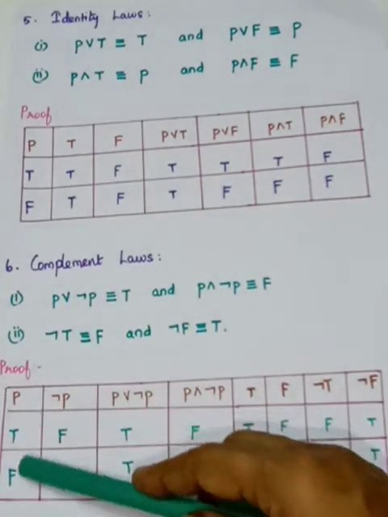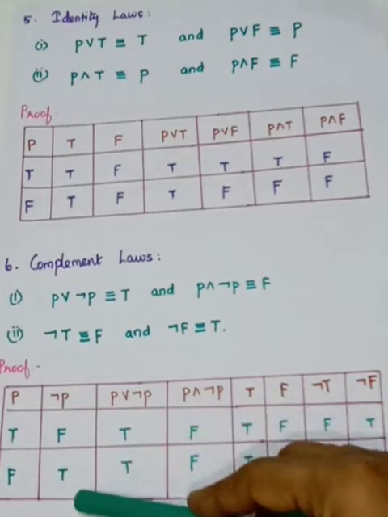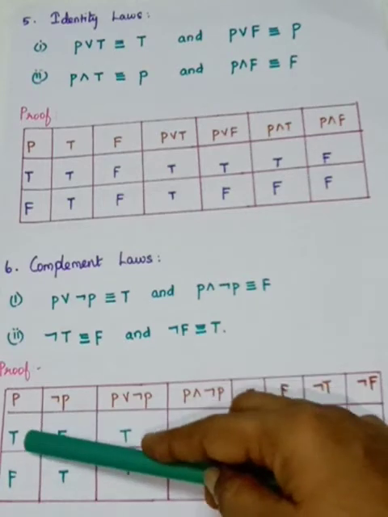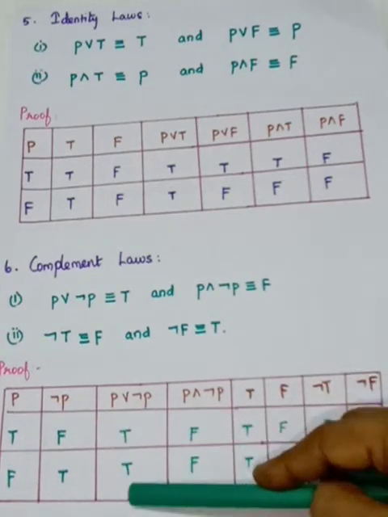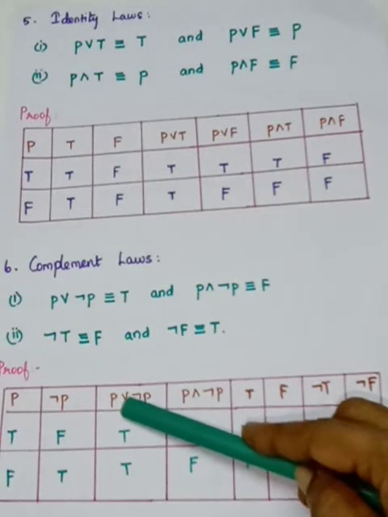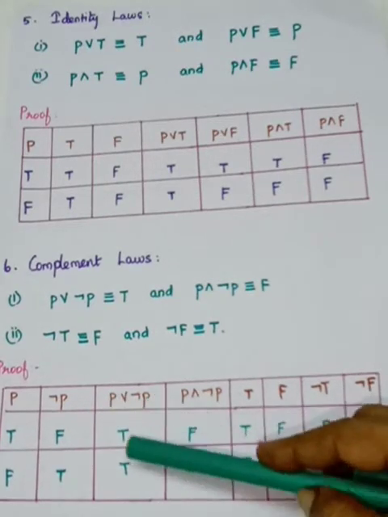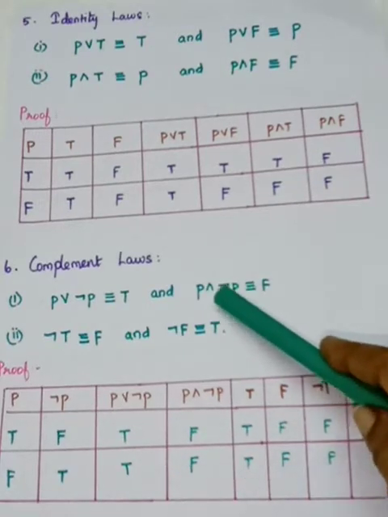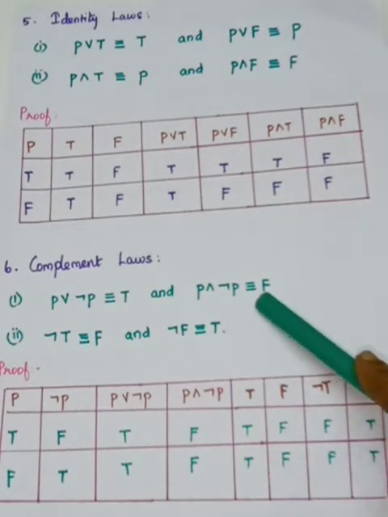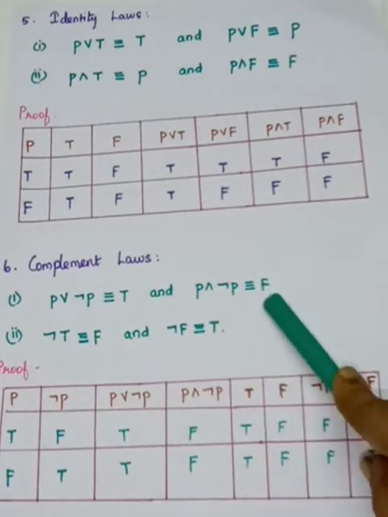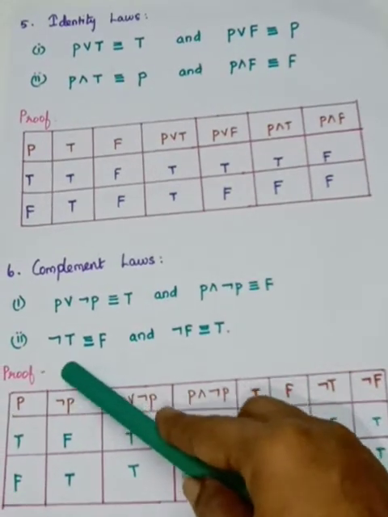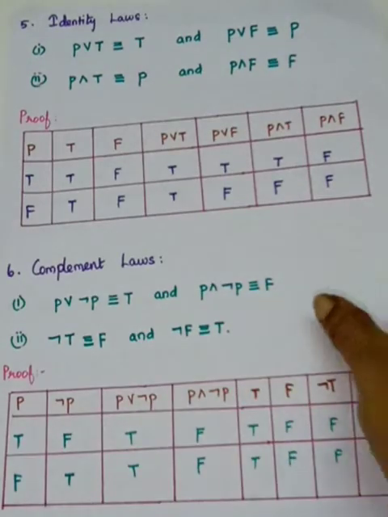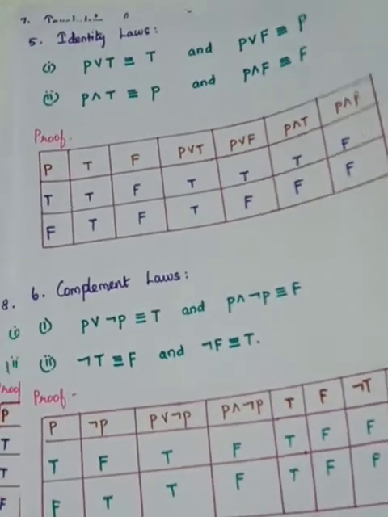You look at this: P is here, its negation means false, T. When you use OR, if any one is true, it is true. So a statement OR its negation is logically equivalent to T. With AND, it is logically equivalent to false. This is one kind of complement law. Another one you know very well: negation of T is false and negation of false is T. These two are complement laws.